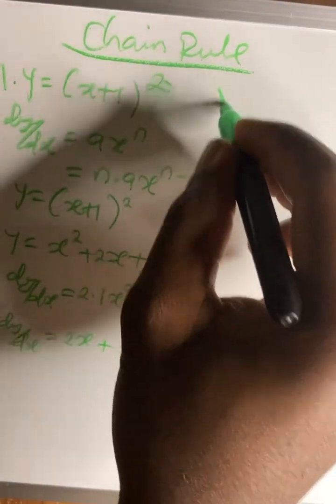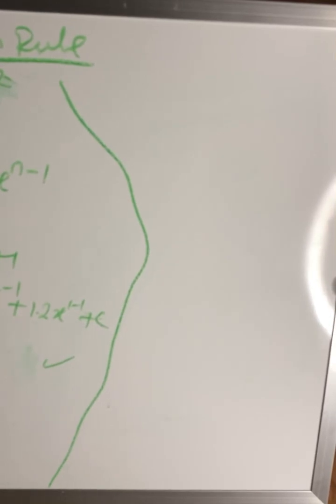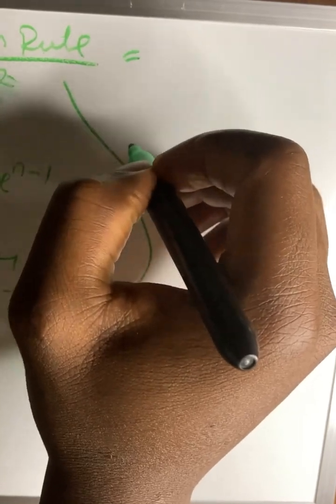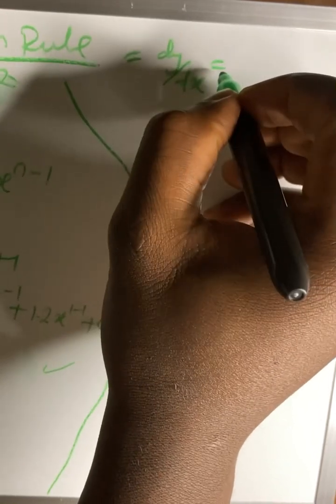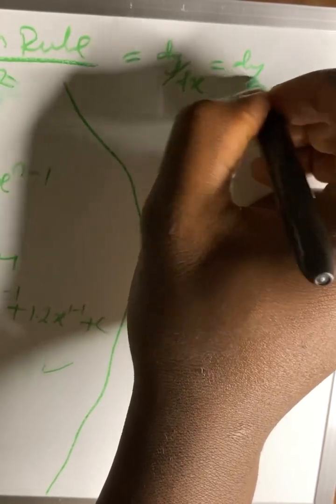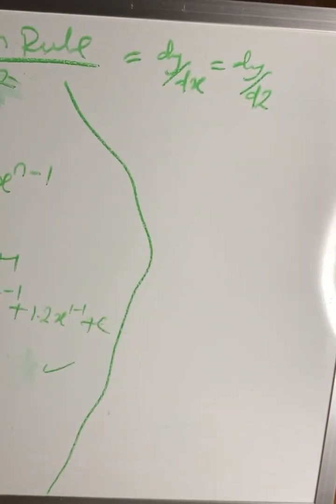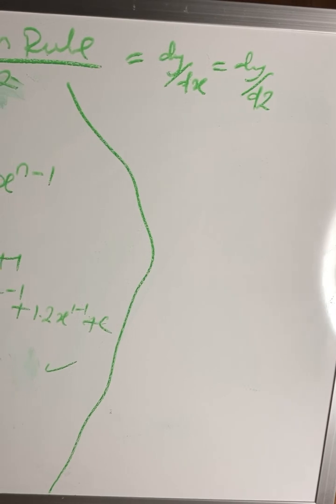Okay, so if we are to use our chain rule to solve this particular question, the dy dx is equals to dy dz, or any alphabet that you will assign to the core content in the bracket.